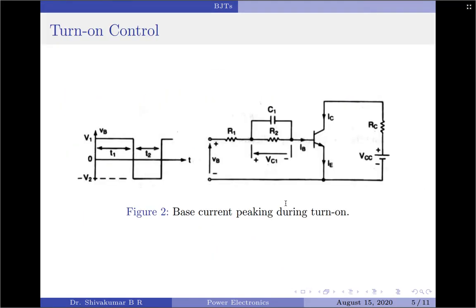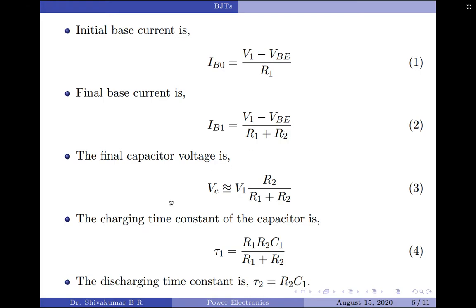We have simply applied a voltage divider formula. Also, the charging time constant of the capacitor is given by R into C. But for the capacitor, since R1 and R2 are in parallel, R is simply the equivalent resistance of the two resistances R1 and R2 in parallel, multiplied by C1.